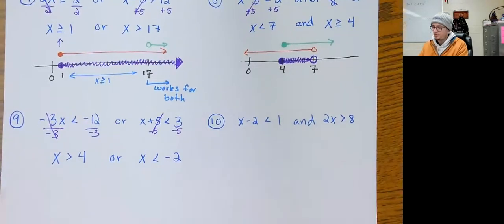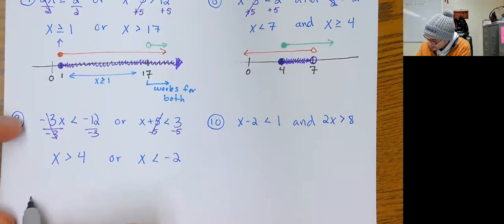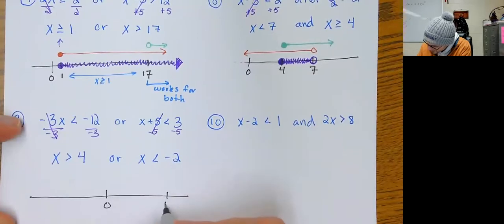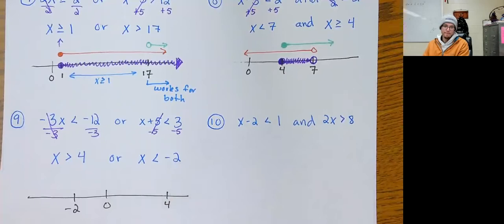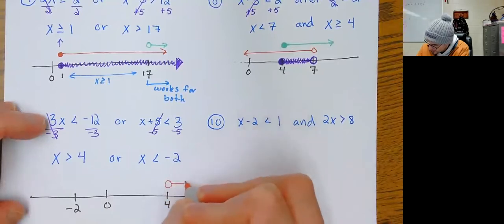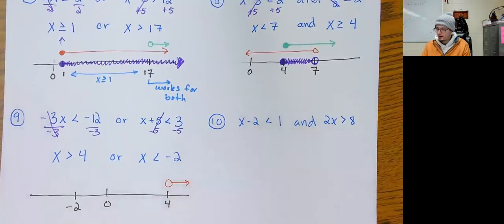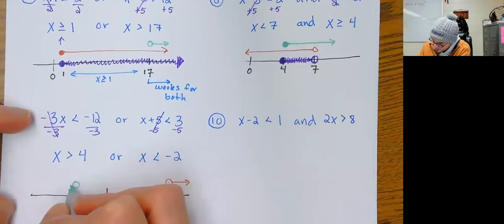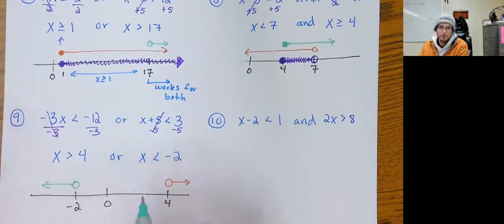Draw our minimalistic number line: 0, 4, -2. X is greater than 4, and then over here, we got x is less than -2. All right, looks good to me.